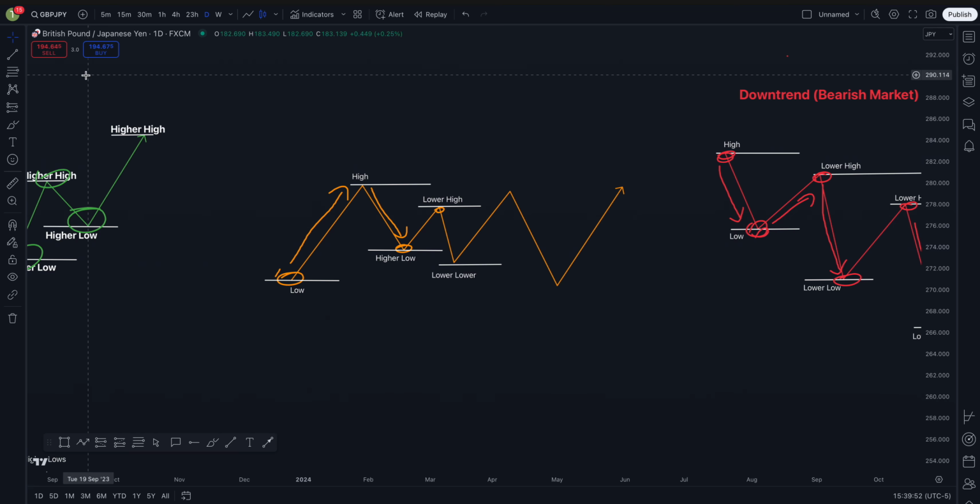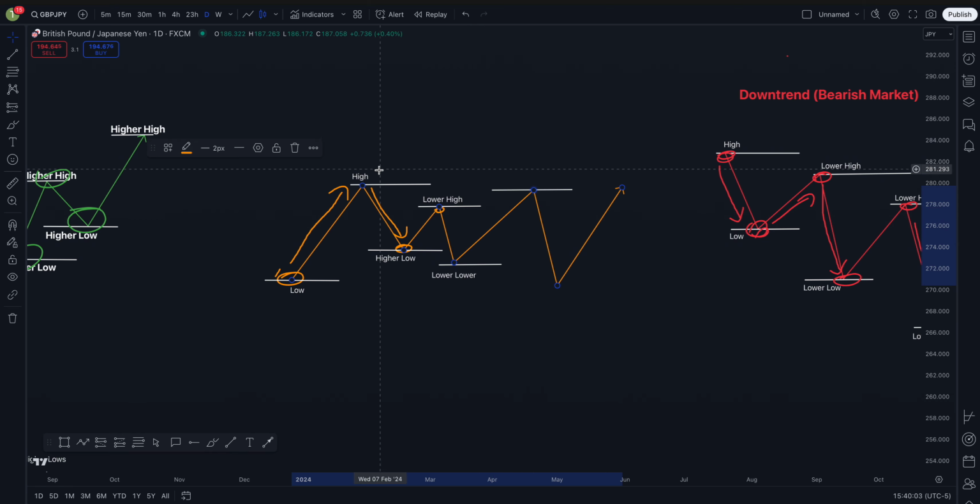But then the next leg pops up, and instead of price creating a lower high, which would have continued the downtrend, it breaks the previous high, and now it creates a higher high. So this now becomes a higher high, right?